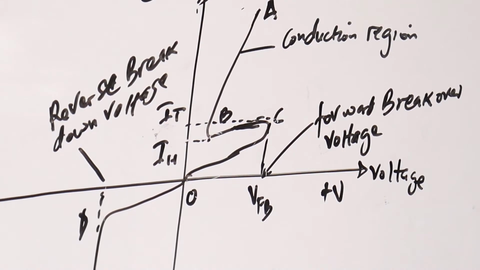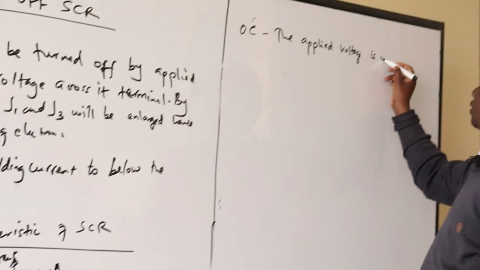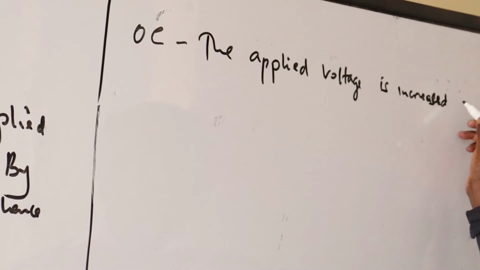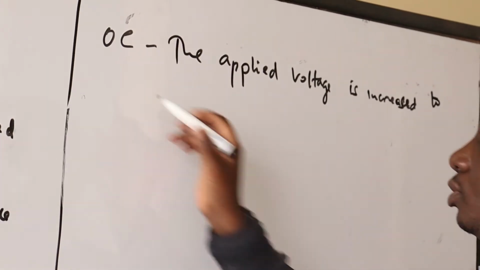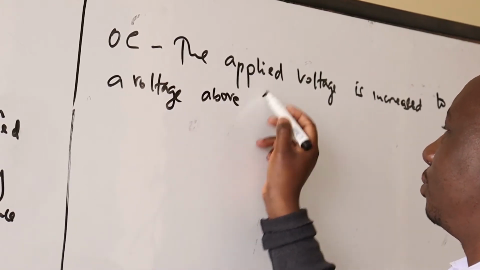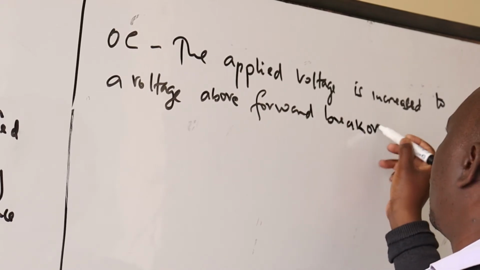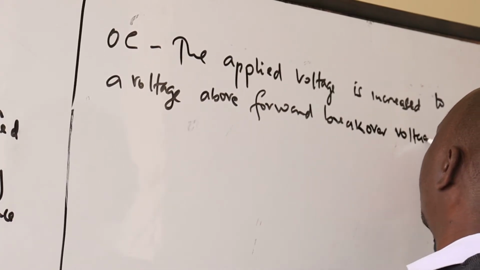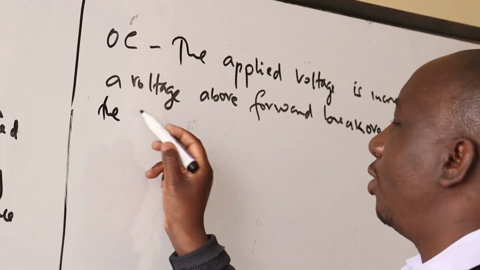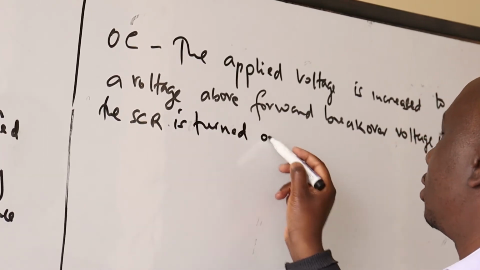The applied voltage is increased to a voltage above forward breakover voltage, where the SCR is turned on.